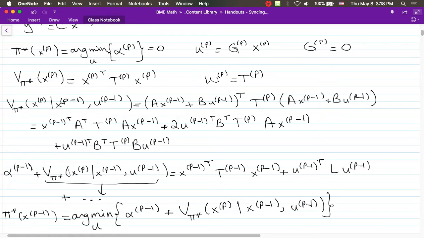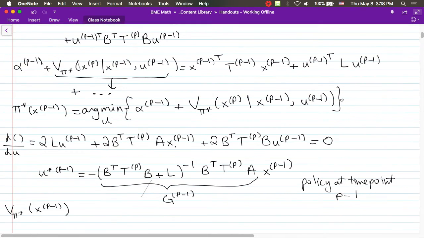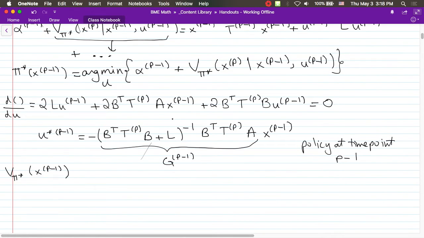So it's going to be a quadratic function of X. Basically, we will see that as we solve this problem step by step, we get a recipe of how to write each step in terms of its previous step.